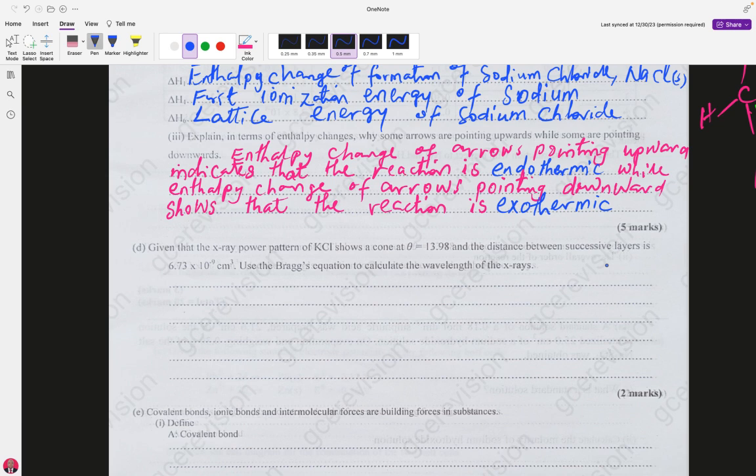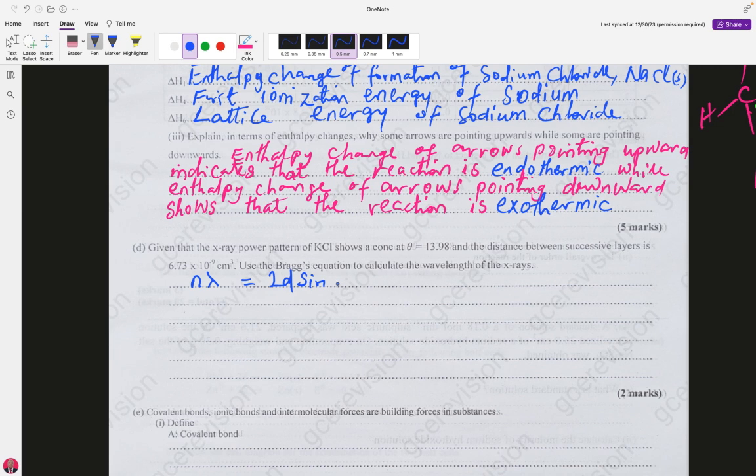Fellow learners, this is the Bragg equation: n lambda equals 2d sine theta.